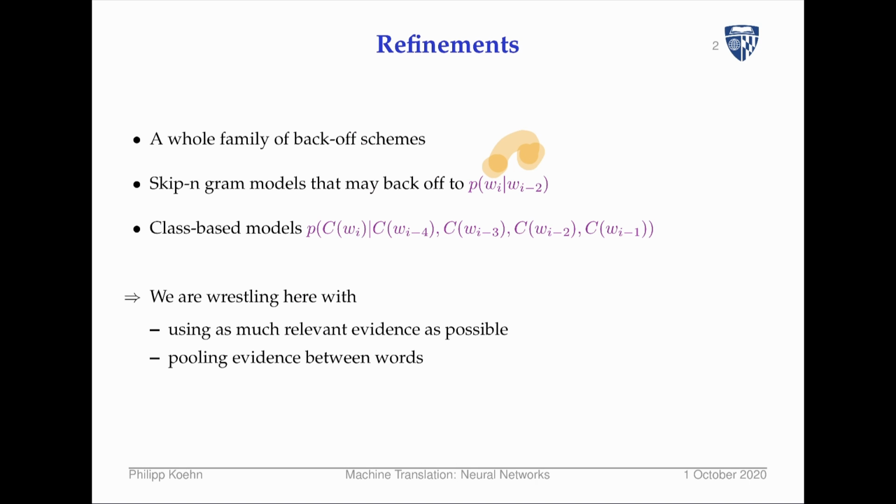So we've never seen this noun before, but we know it's a noun, so yes, this is a natural context for a noun. What we're all wrestling with here is that we want to use as much relevant evidence as possible, but we don't really have a good way of pooling evidence between words.